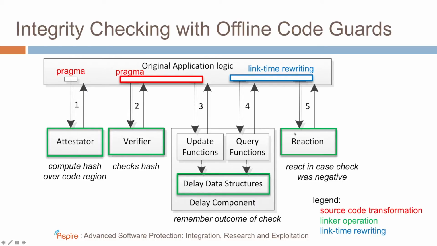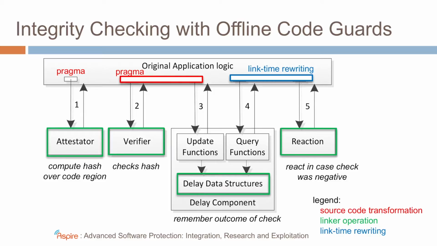Our link time rewriter decides where these invocations are put in the program, and actually they are sprinkled throughout the whole code. To choose where to sprinkle these invocations, we have 3 priorities. All code in the original application logic that is annotated with pragmas and marked as code regions, there we inject lots of invocations, because that's the code that embeds all the assets in the program to be protected.